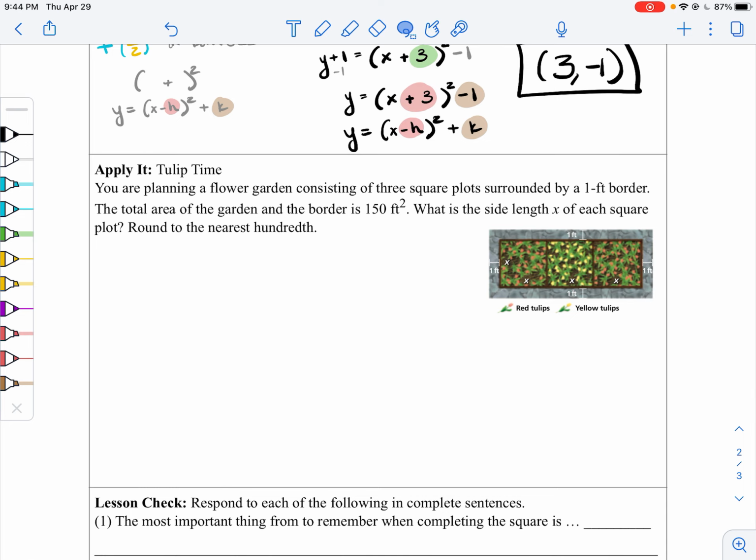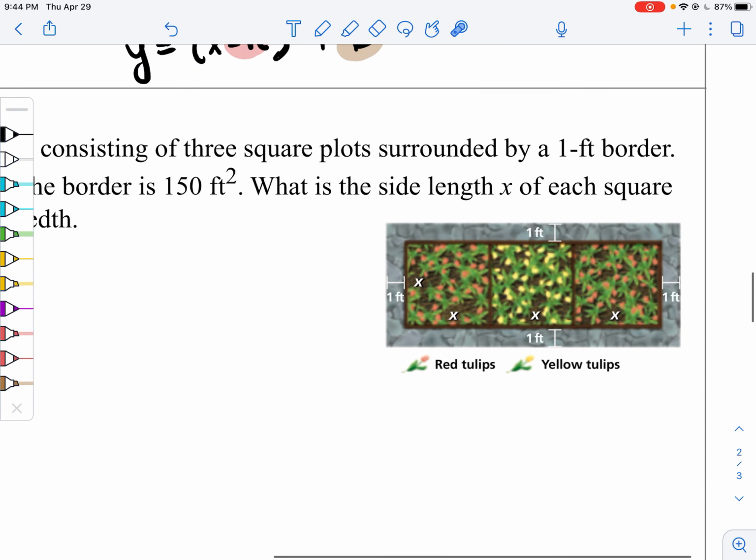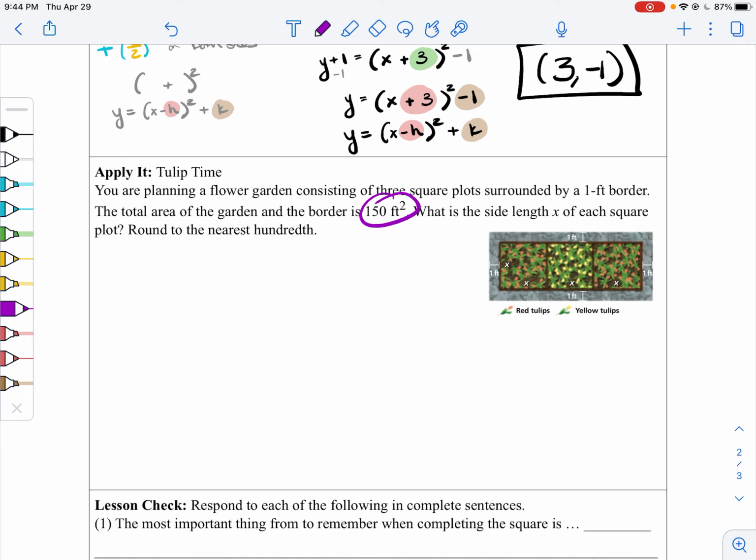Well, I know that I have enough concrete and dirt to make my total area 150 feet squared. What is the side length x of each square? How big can I make my squares? Well, let's look at the area.